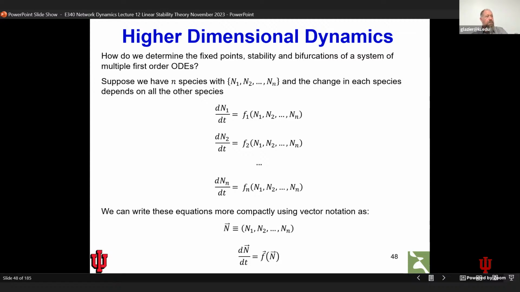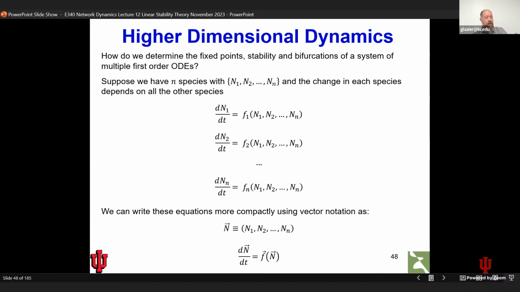We've done the basic stability for one-dimensional systems, and now we want to begin to think about how we're going to determine fixed points and stability and bifurcations if we have a lot of equations. And so suppose that we have, the notation is a little bit different from the one I had before, dn1/dt is some function of all our species concentrations. dn2/dt is equal to some function of all the species concentrations, and so on.